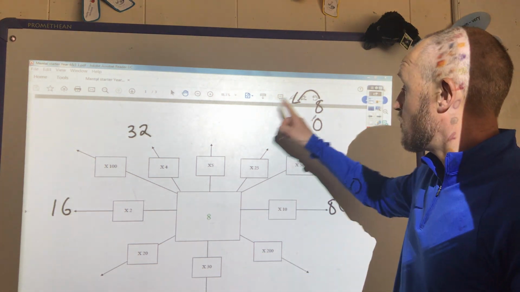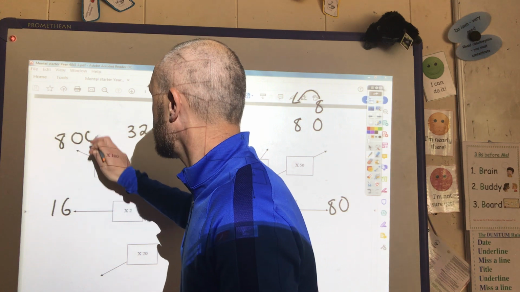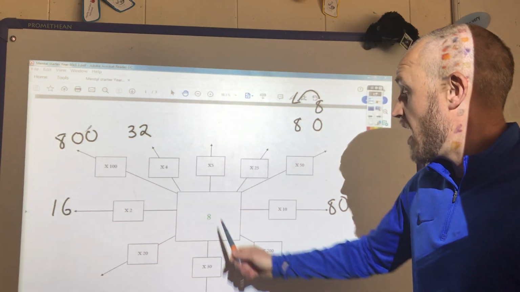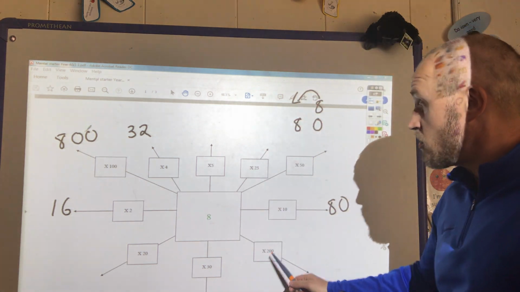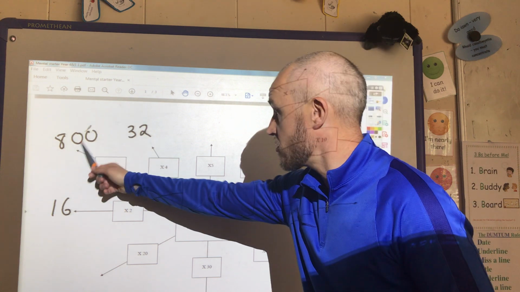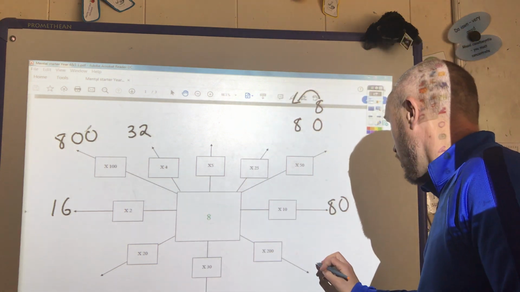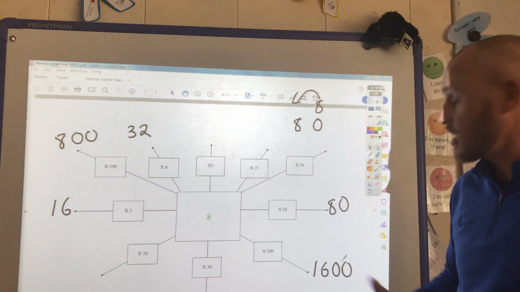So it's 80, I'll move one more column, so it would be 800. If I know that 8 times 100 is 800, 8 times 200 will be double that, because 200 is double 100, so the answer must be double that. So therefore it's 1,600.